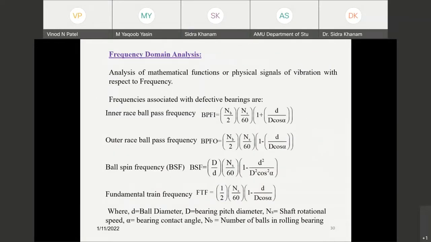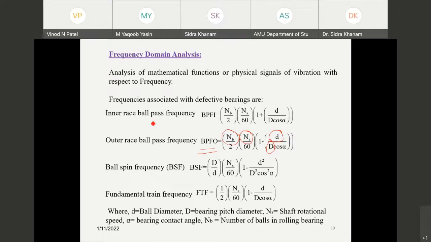As I said, if the defect is available on the outer race, the time period of the impulse generated, and its reciprocal, is the ball pass frequency of the outer race, which depends on the number of balls, the rotating speed, and the dimensions of the bearing, that is, the mean diameter and ball diameter.